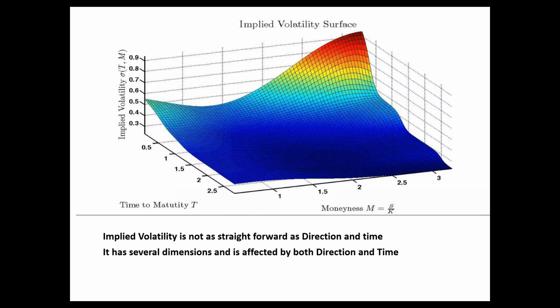It is not just a matter of anticipated movement, but it also takes into consideration time to maturity and the moneyness of my strikes, how much in or out of the money the strikes are that I'm choosing to implement in my strategy.